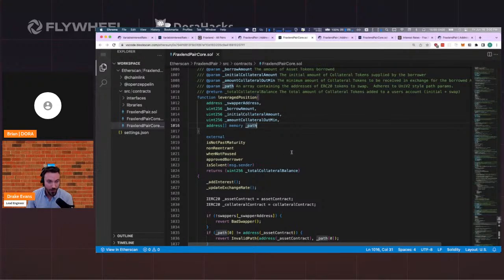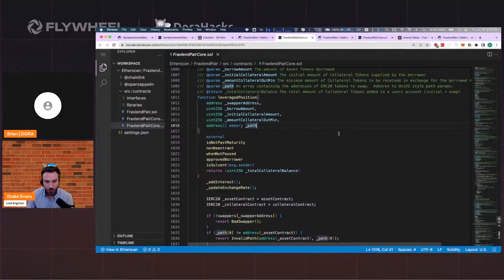Their LTVs are creeping up, they're worried about getting liquidated, and they want to basically do a soft liquidation of themselves. In that case, you could use a flash loan: borrow the Frax to repay the debt, pull out collateral, swap that, and use it to repay the flash loan. I think that's another area that could be really useful.